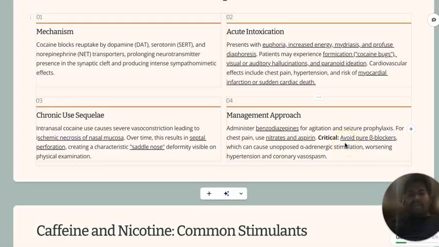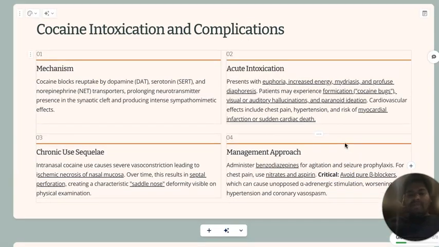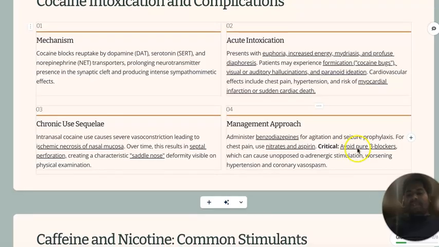In these cases there will be increased blood pressure, so we avoid pure beta blockers, because this is also an important question: if we give pure beta blockers, then there will be unopposed alpha adrenergic stimulation that leads to severe vasoconstriction, and again that may lead to severe hypertension. So we have to understand that we will avoid pure beta blockers in case of cocaine intoxication.